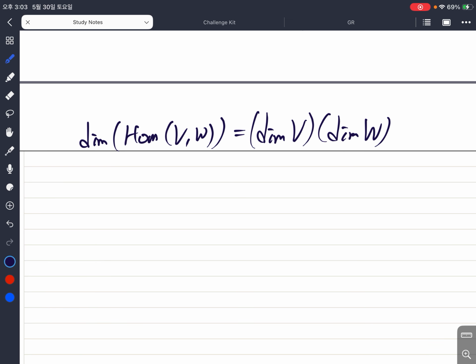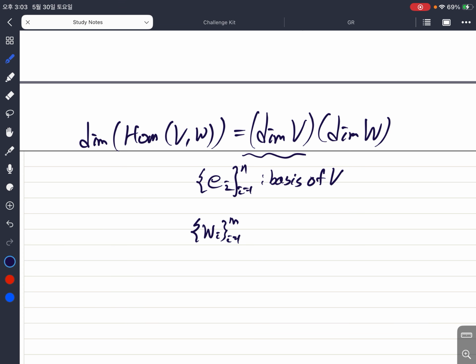How to show this: simply, dim V means that if it has n, it has n linearly independent vectors, so we say we have some e_i and it's a basis of V, and we have some w_j.